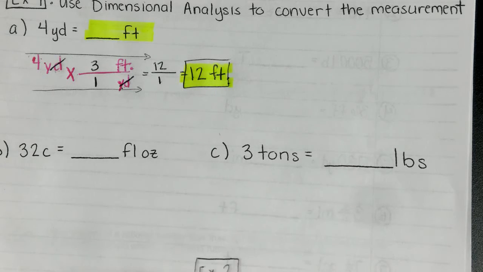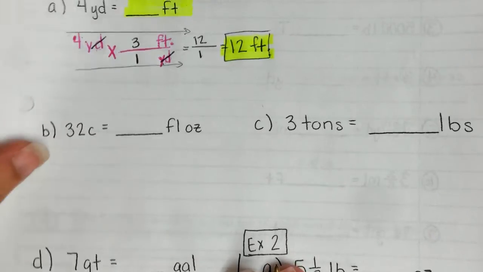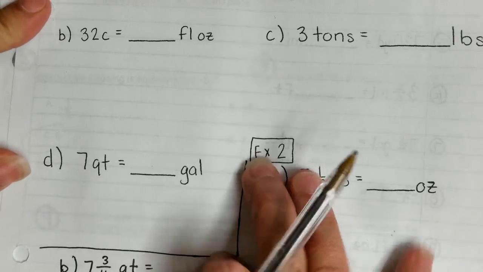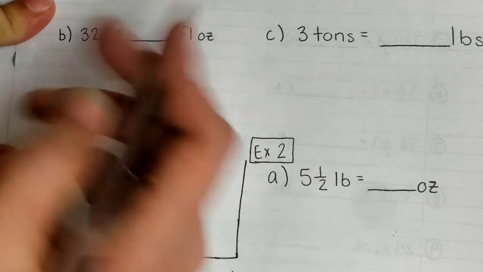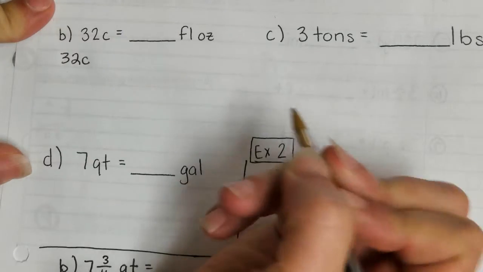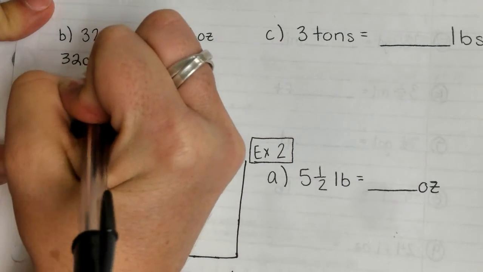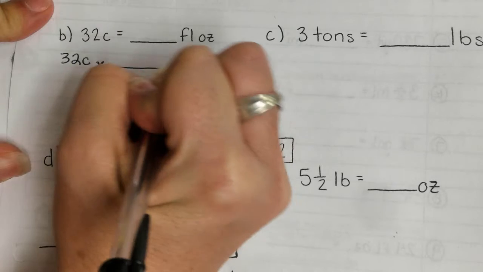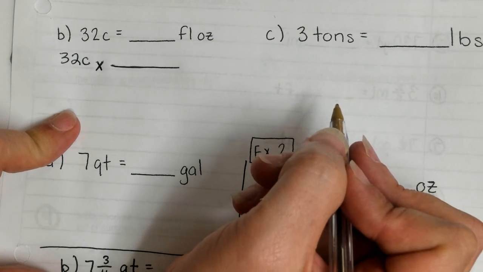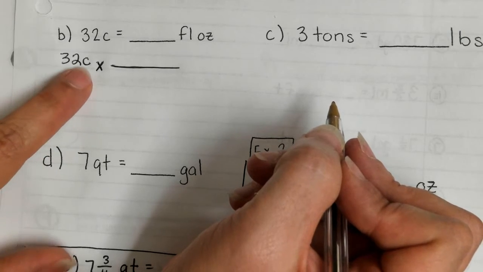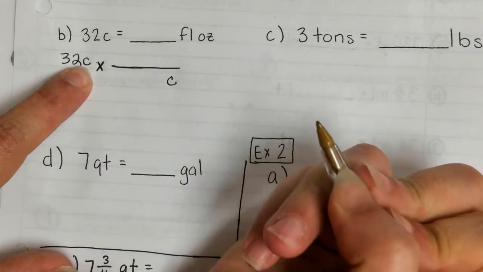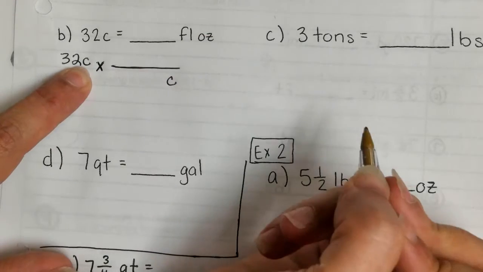Okay, let's look at the second one here. So 32 cups equals how many fluid ounces? Okay, start out. Put what they gave you, 32 cups, on top. Put your times sign and your fraction bar. Okay, if cups is on top here, I need cups on the bottom here so that we can simplify them out later.